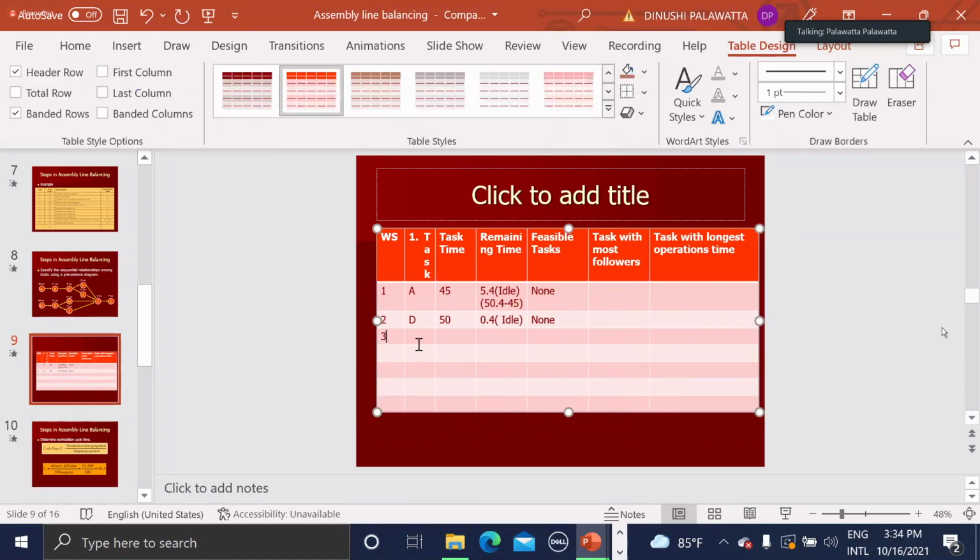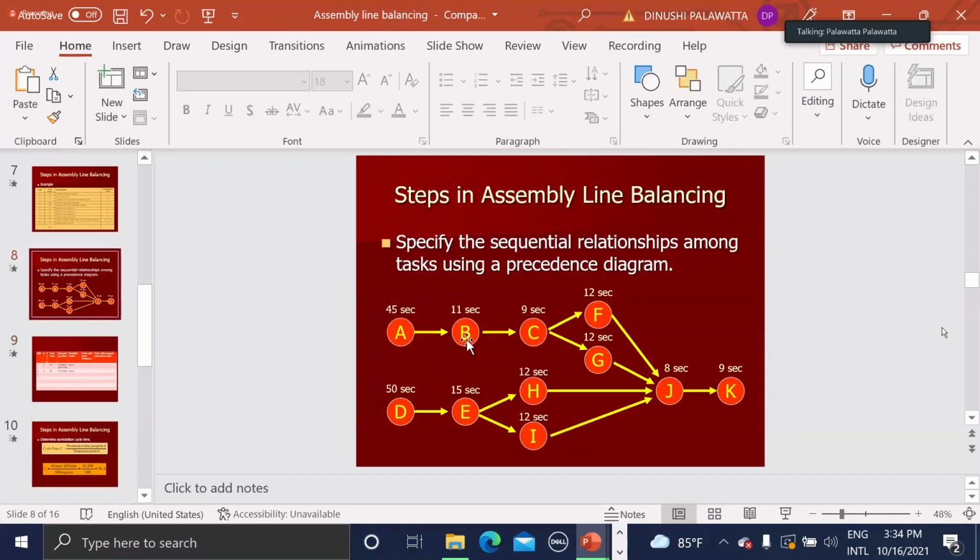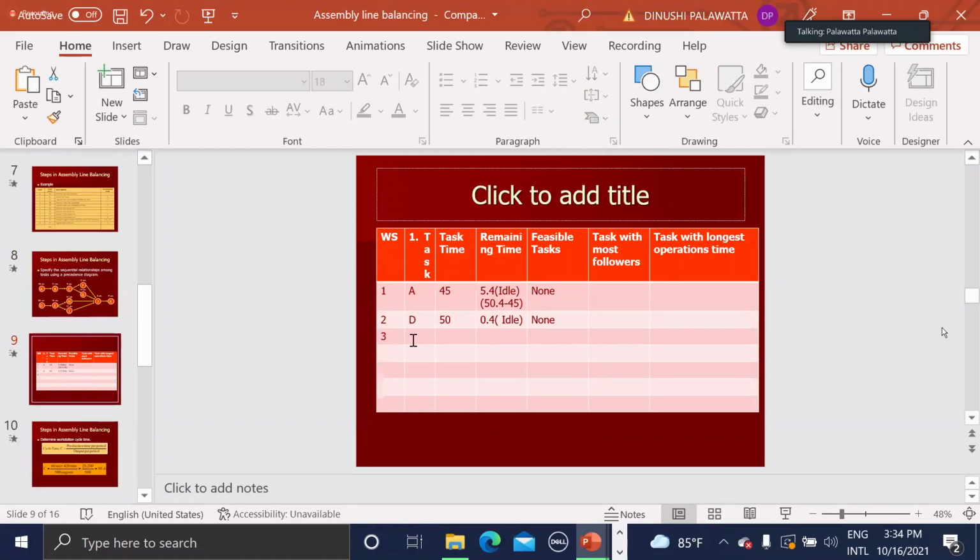Close station 2. So then, for station 3, now A and D have been allocated. So then B and E are the candidates, and B has 5 following tasks, whereas E has 4 following tasks. Therefore, we select B according to the primary rule. So then B is selected.